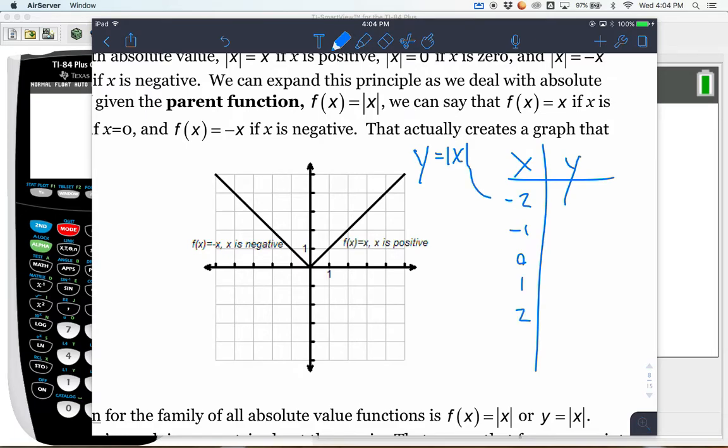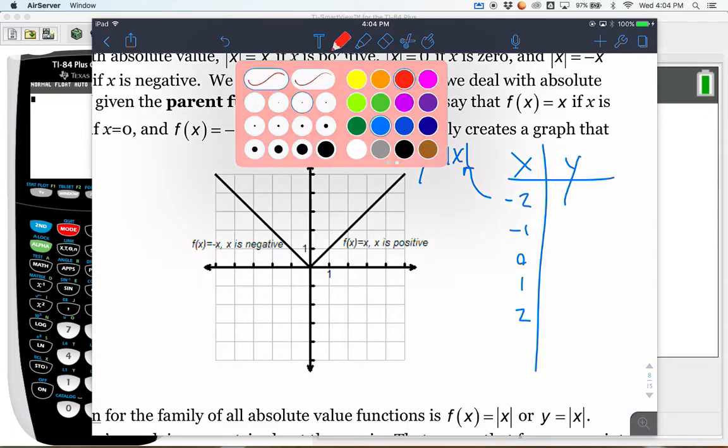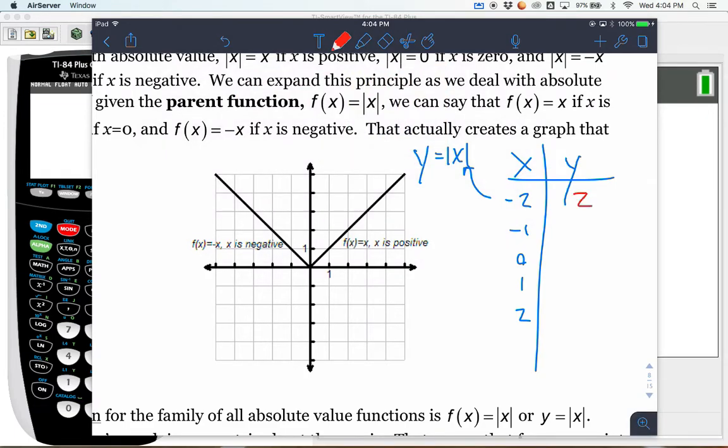The absolute value of -2 should output +2. The absolute value of -1 should get us +1 as well. The absolute value of 0 is 0. The absolute value of +1 stays +1, and the absolute value of +2 stays +2. And that's where these first few points come from.